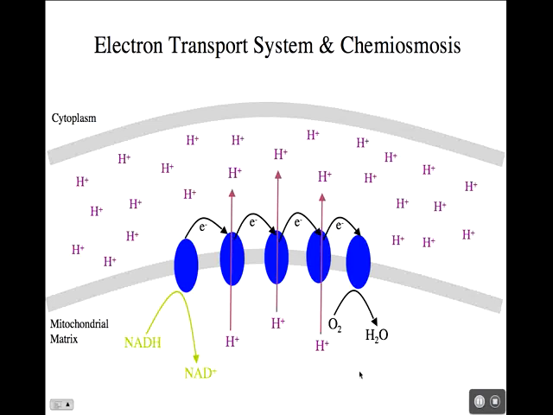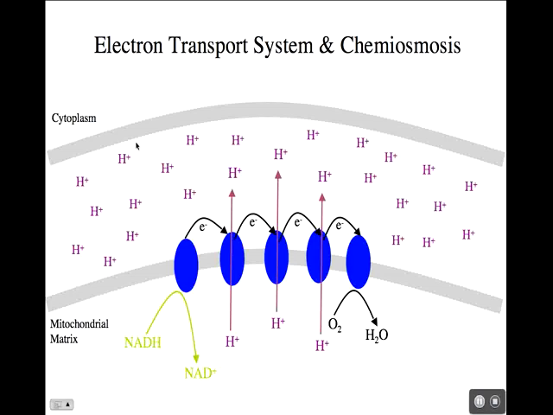You have created the very definition of potential energy. Large concentration on one side of the membrane, small concentration on the other side of the membrane. Do those protons want to be highly concentrated and next to each other? Absolutely not, right? They want to get away from one another, but they can't because they're trapped by these two membranes.